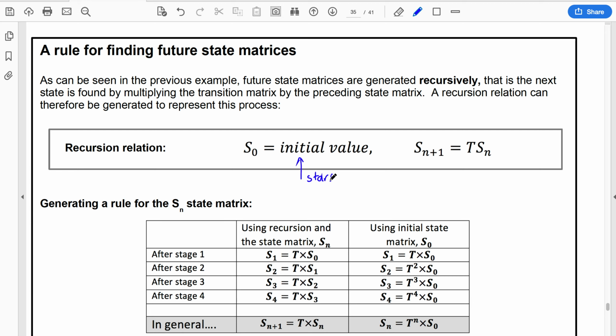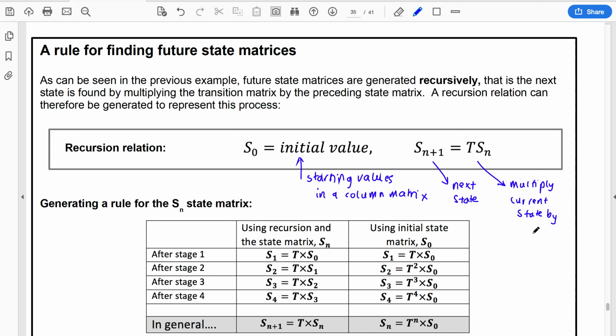Starting values is another way to describe it, starting values in a column matrix. And this here is your next state matrix. This is saying multiply the current state, whichever one you're up to, by T, your transition matrix.